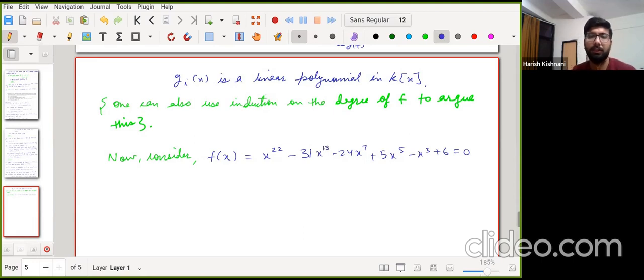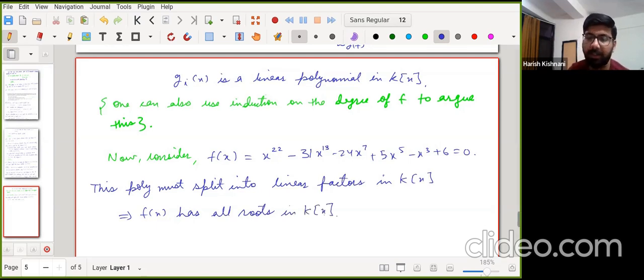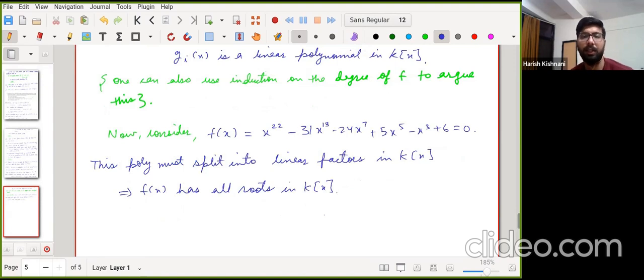Yes. So this polynomial must split into linear factors in K[x], and this implies f(x) has all roots in K. So there is not just one alpha, there are many, right?